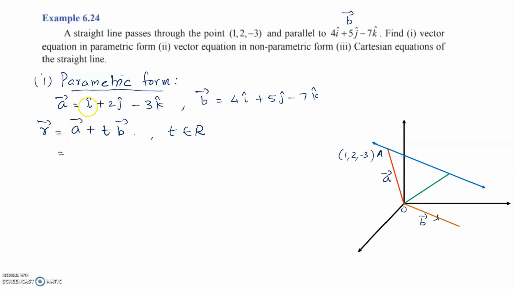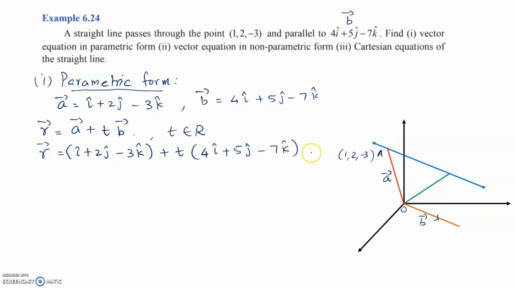where t belongs to R. So replacing the values of vector A and vector B, you get R vector is equal to i cap plus 2j cap minus 3k cap plus t times (4i cap plus 5j cap minus 7k cap).